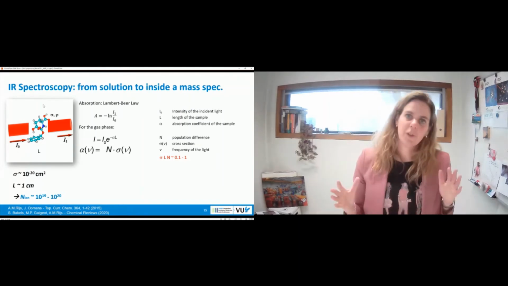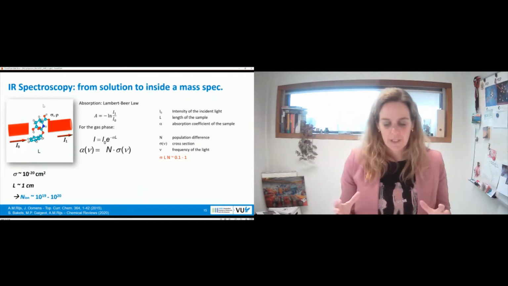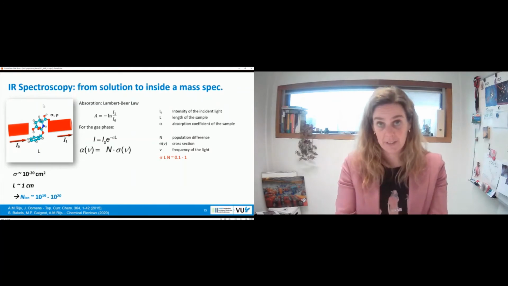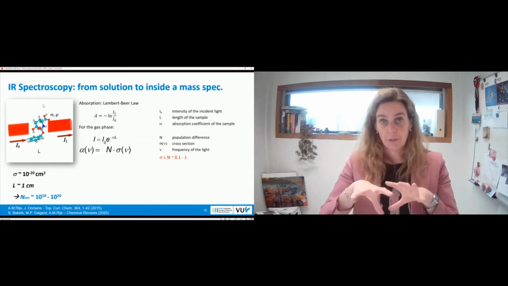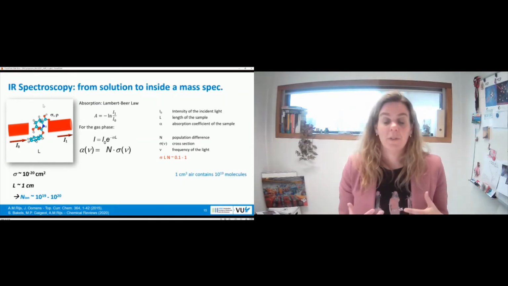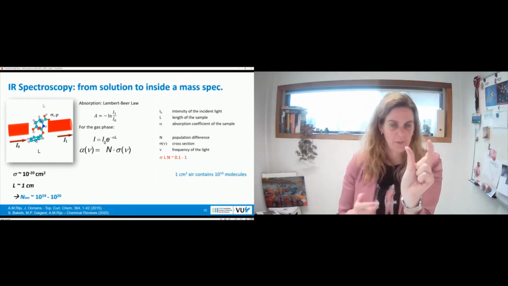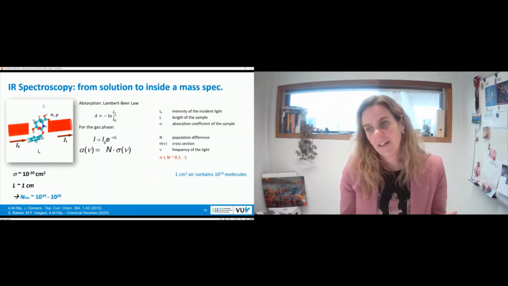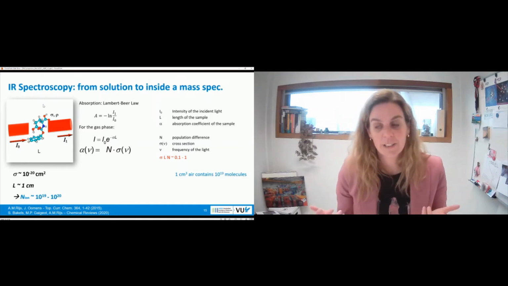But in a mass spectrometer, you have your molecules in solution, and you bring them into the gas phase, so you have a gas phase environment. Let's say when we have 1 centimeter length of air, it has 10 to the 19 molecules.